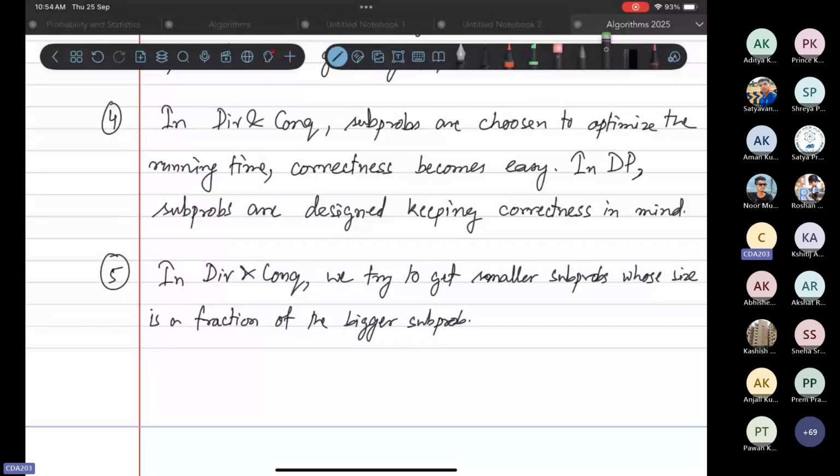It's not smaller by a constant, it's smaller by a fraction. That's what we want. That is why we always try to get the subproblem to a size that is a fraction of the bigger problem. But that's not the case in dynamic programming. That is not how we think of dynamic programming.